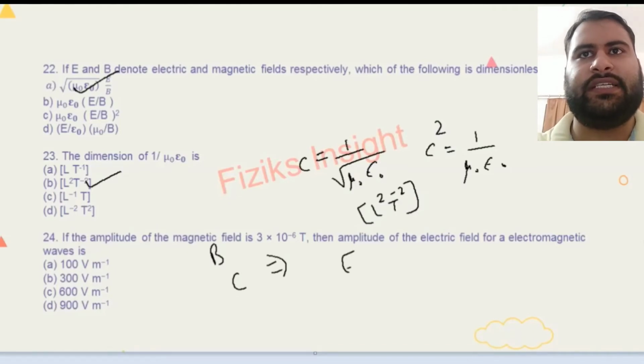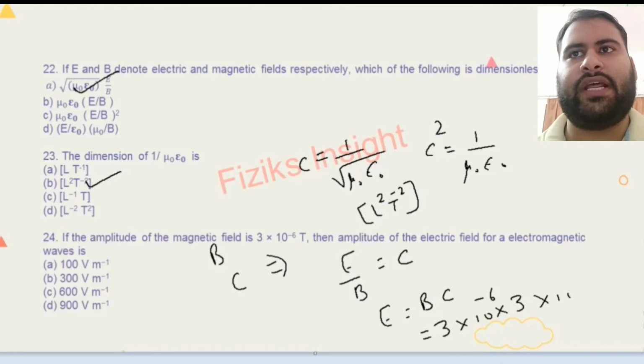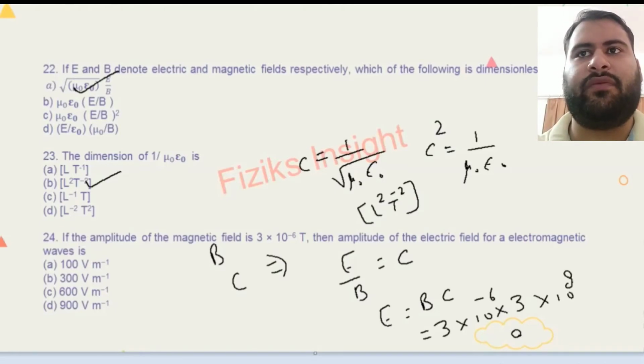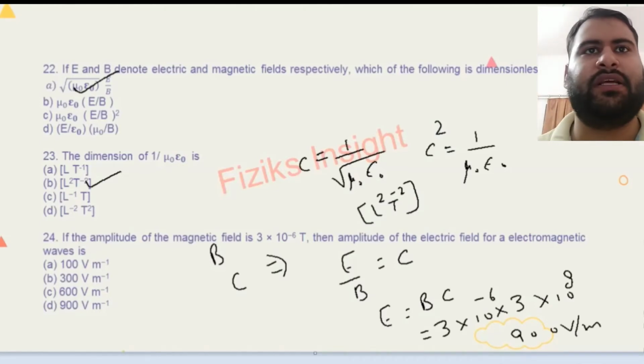So there is a relation that E upon B is C. So E comes out to be BC. Now B is 3 into 10 raised power 6 and C is 3 into 10 raised power 8. So it will be equal to 900 volt per meter. So this should be the correct answer. The D option is correct for this question.